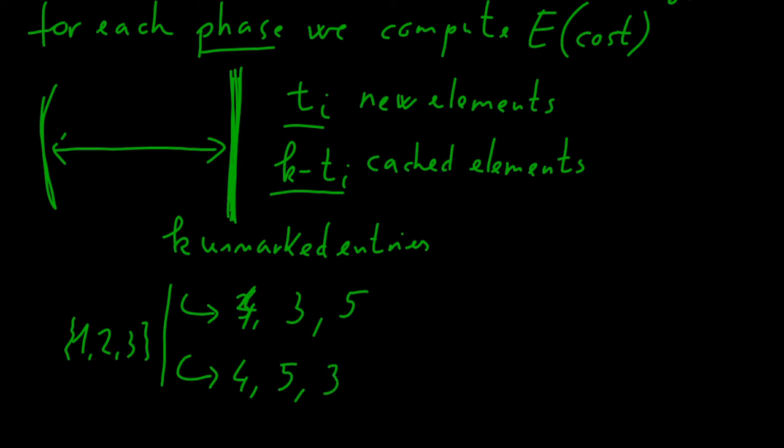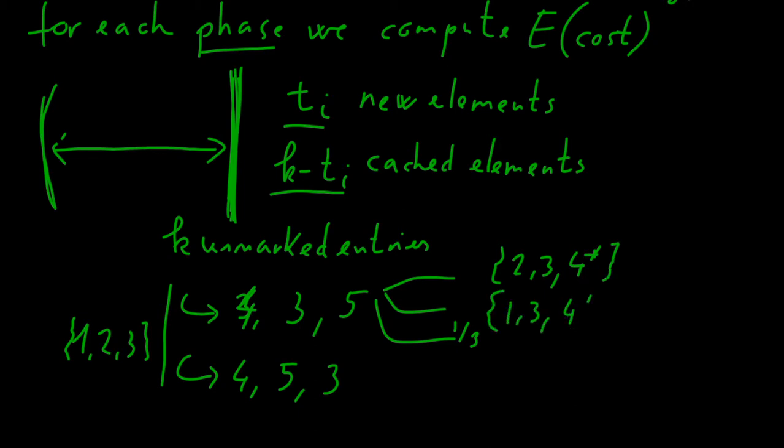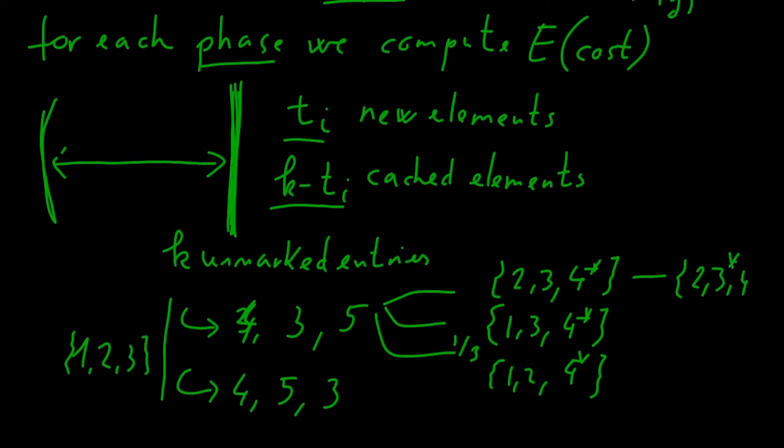And if you just consider the costs, then with 1/3, 1/3, and 1/3, we discard either the 1, in which case we will have the 2, the 3, and the 4 marked, or we discard the 2 and we will have the 1, 3, and 4 marked, or we discard the 3 and we will have the 1, the 2, and the 4 marked. In this case, it's fine, so it's 2, 3 marked, and 4 marked.